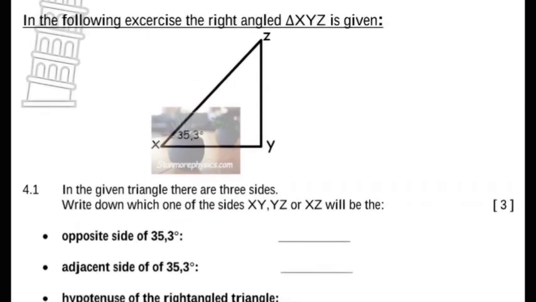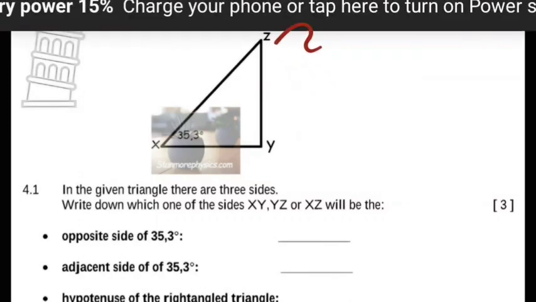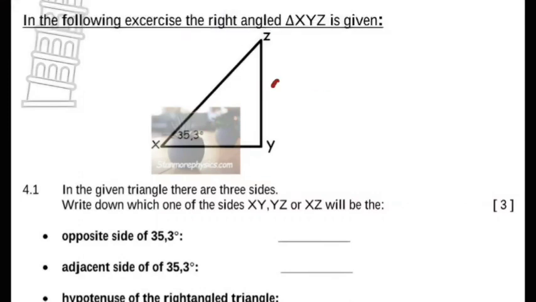Now it would help us if we can actually label this triangle first before we start. Doing that, in terms of 35.3 degrees, the side opposite would be our opposite side. The side next to that would be adjacent, and this would be our 90 degrees.